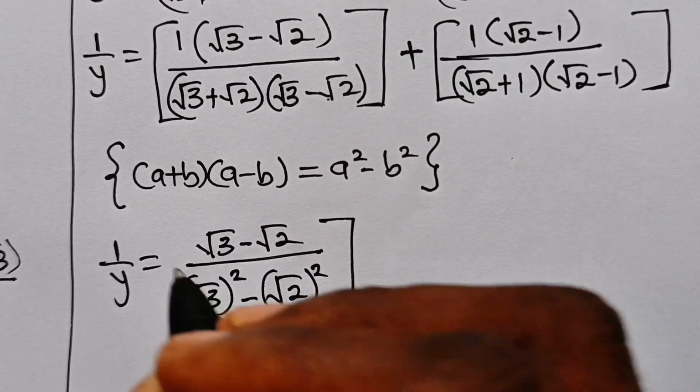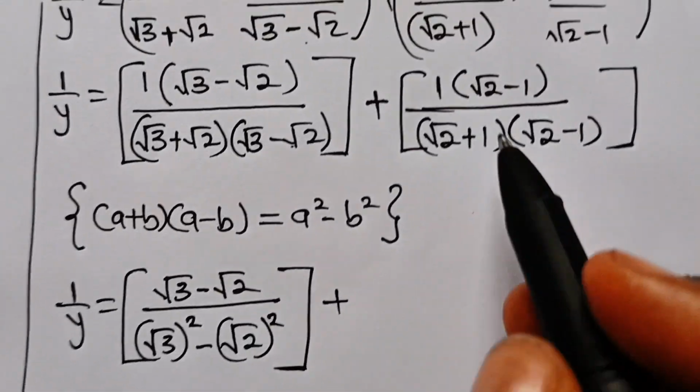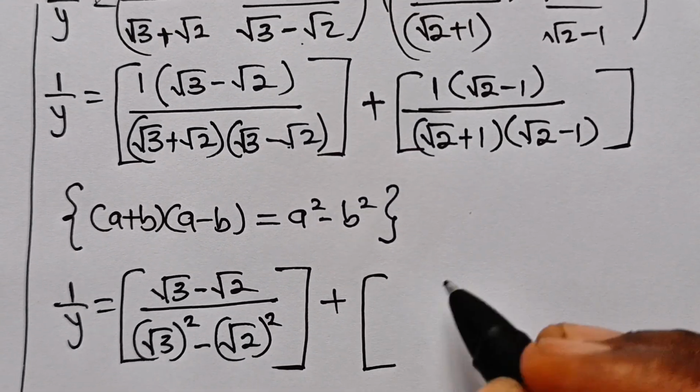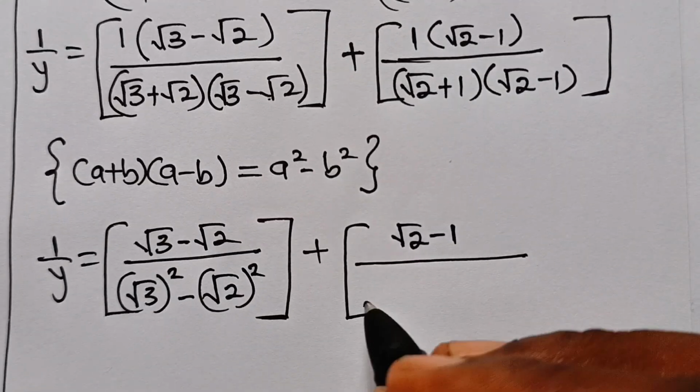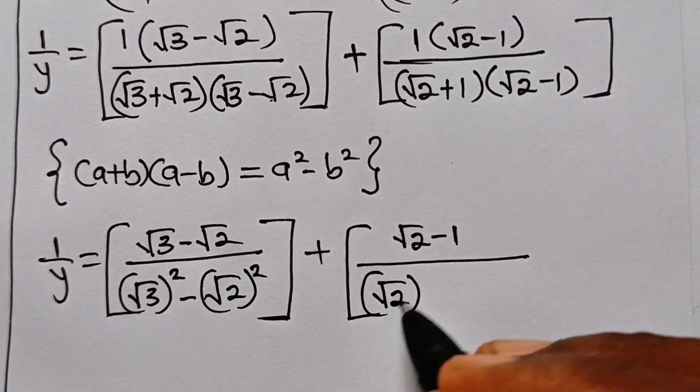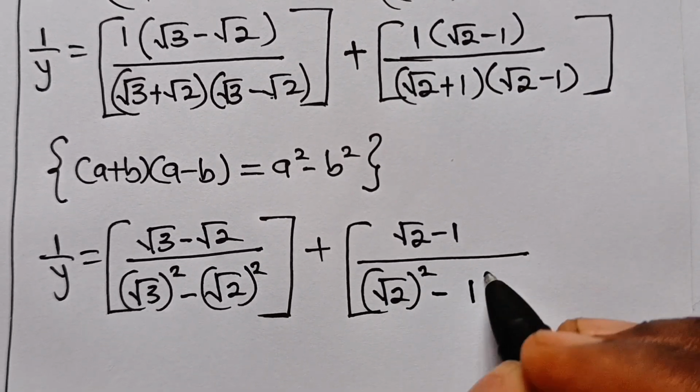Okay, plus, then same thing here, we will have root 2 minus 1 divided by root 2 squared minus 1 squared.